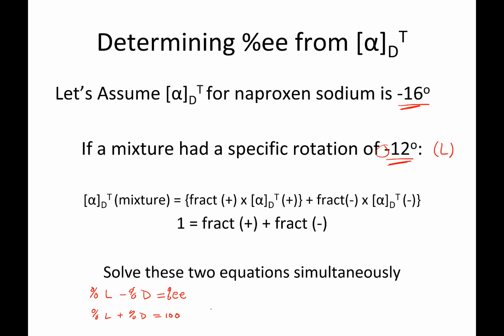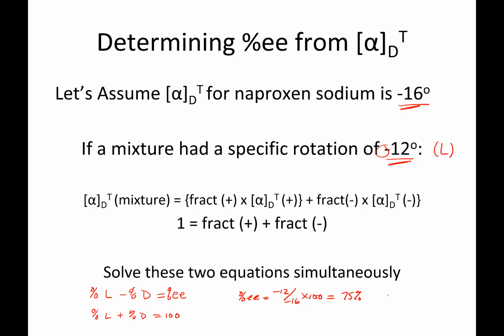To determine it, it's going to be minus 12 over minus 16 times 100. That's the percentage of enantiomeric excess. It's what's left over. So it looks like 4 degrees basically got canceled out. So we take minus 12 over minus 16, which is 6 over 8, which is 3 over 4, which is 75% enantiomeric excess.